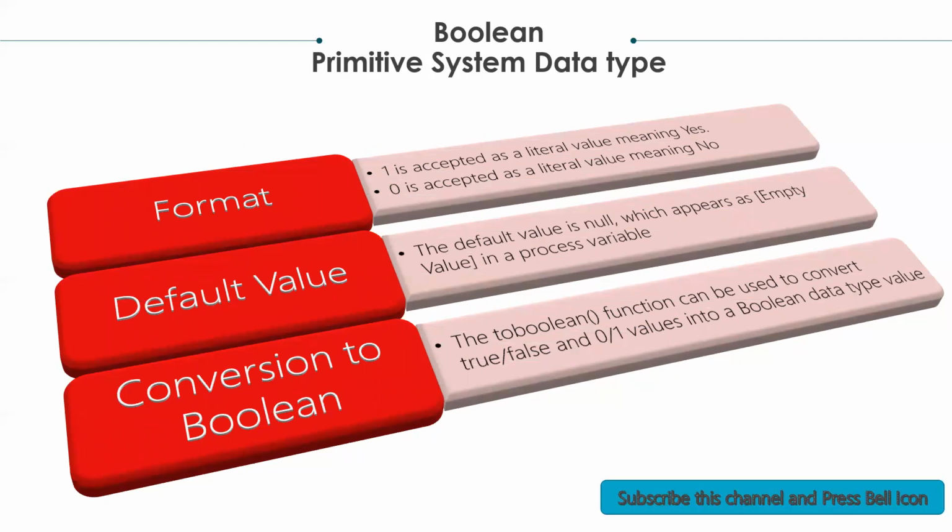The output of an empty value boolean in an expression depends on the function used. You can populate the value using results from the true or false functions. The toBoolean function can be used to convert true/false and 0/1 values into boolean data type values.